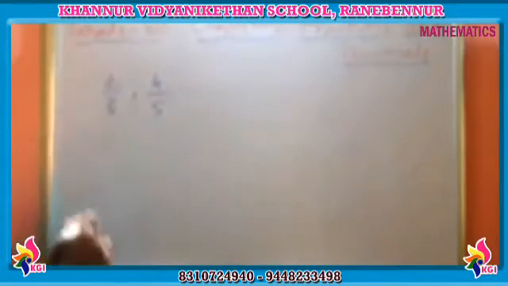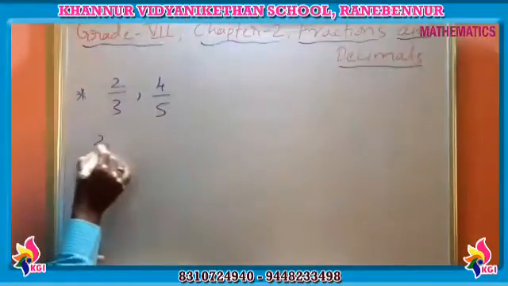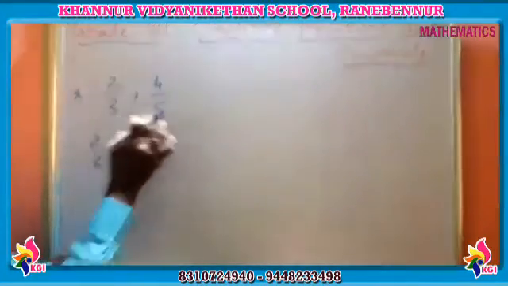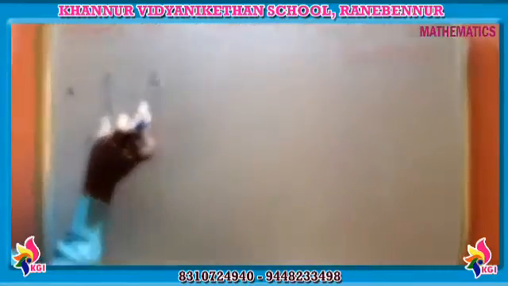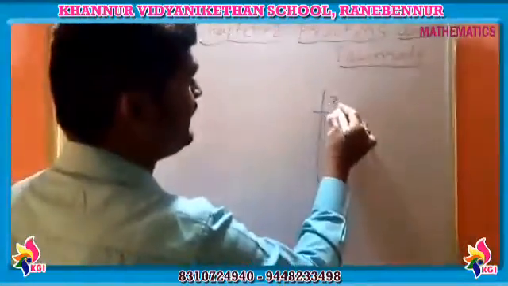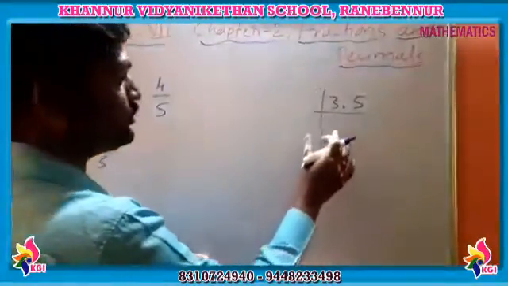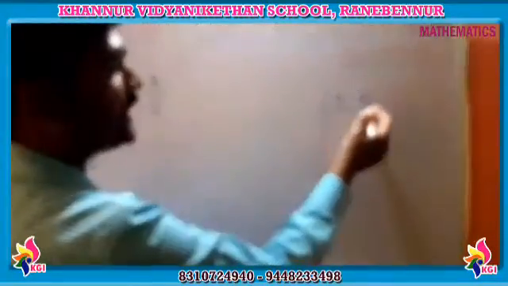For this, first I take 2 divided by 3. Looking at these denominators, these are different. So I need to take the LCM of the denominators. The denominators are 3 and 5. The LCM, as you know how to do, starting with the smaller digit first. 3 and 5 are not coming in the same table.